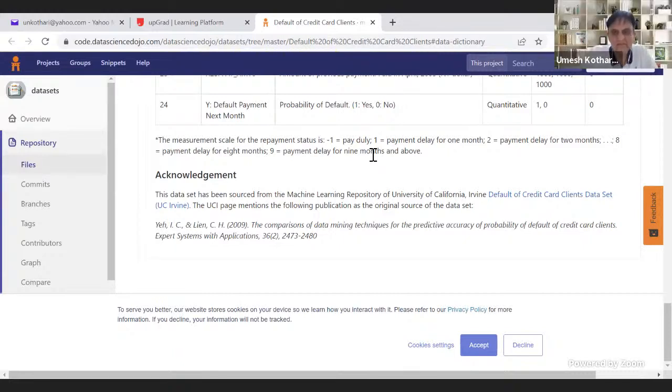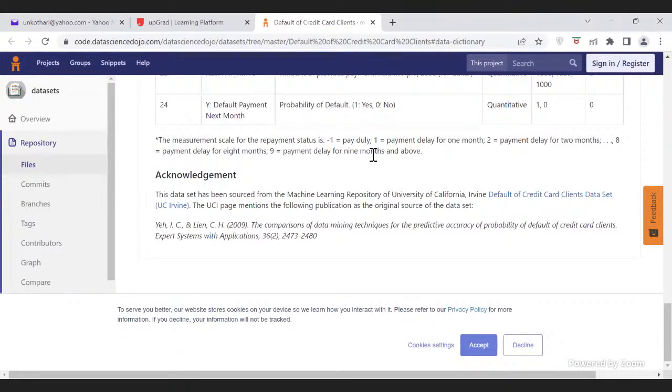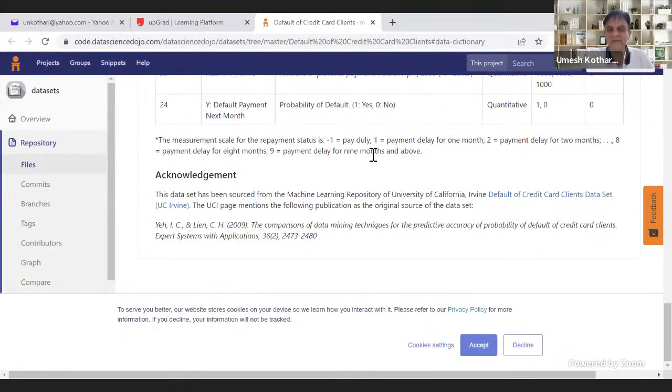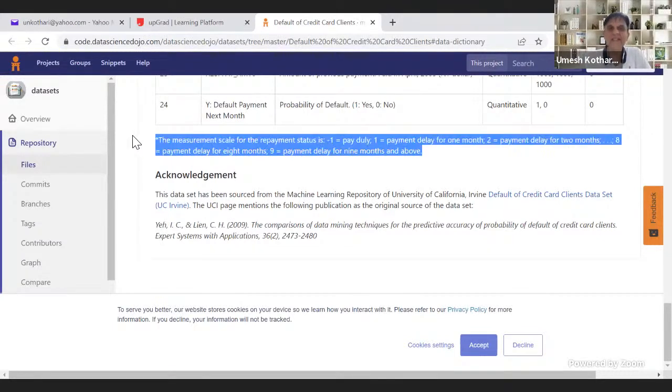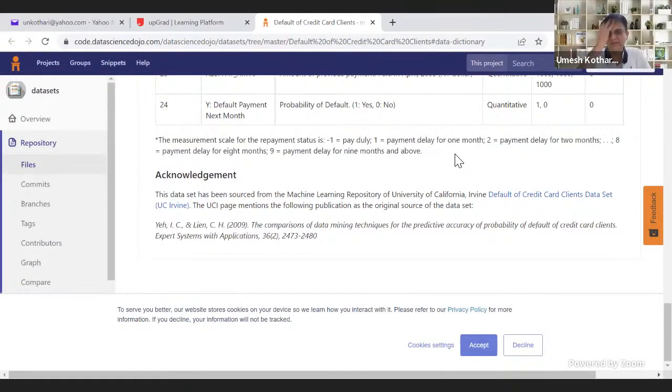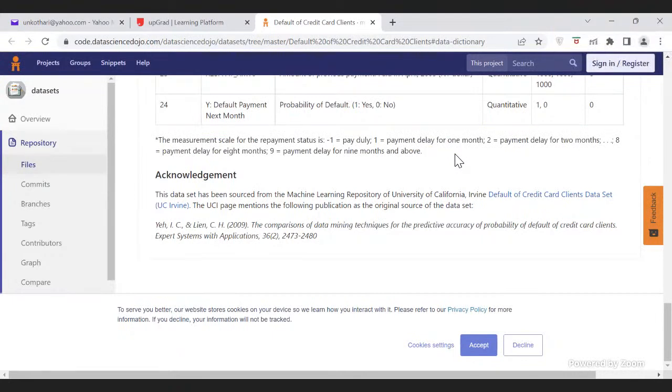Correct. That's why I assume 0 as a default in the payment. Okay, fair enough. So therefore, you made this binary, default or non-default. Yeah, I made it that way. Fair enough. But please put your assumptions also there. Yeah, Professor. Okay.